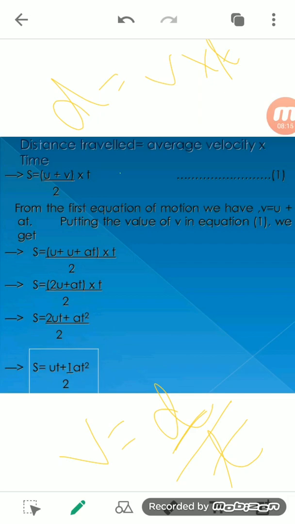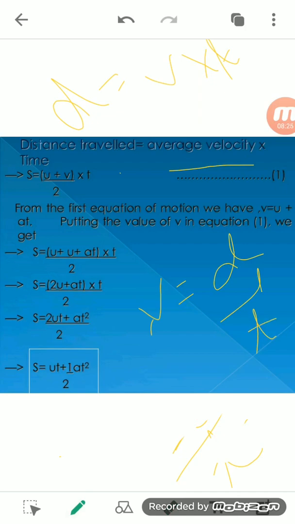Distance traveled is equal to average velocity into time, because velocity is equal to distance upon time, or distance is equal to velocity into time.